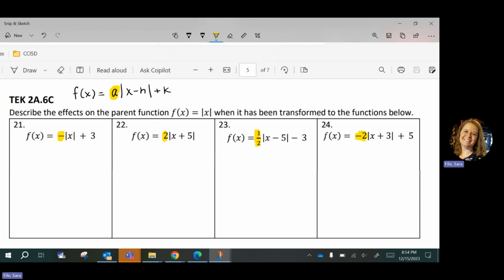Okay, so the A value tells you the vertical stretch or compression. Now remember, if that A value is greater than 1, if it's bigger than 1, it's a vertical stretch.